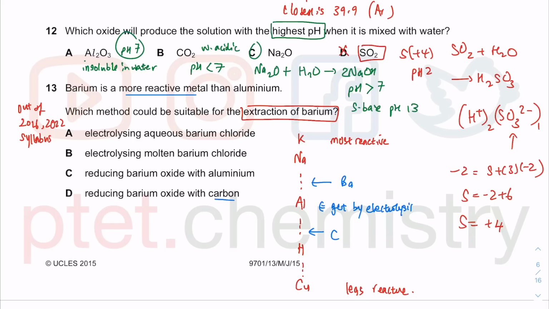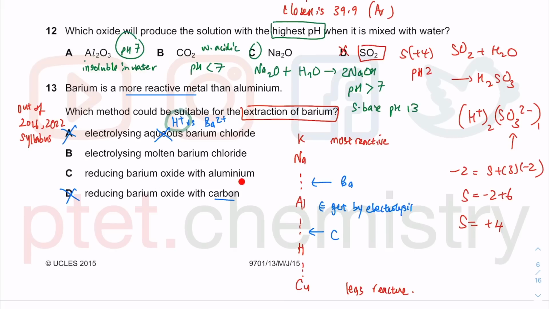So reducing with carbon will not work. How about electrolysis? Electrolysis could work because you could get electrolysis of aluminium oxide and get aluminium. You could get molten barium chloride and you could get the barium. Aqueous will not work because you have H plus versus Ba2 plus. The H plus will prefer reduction. At the cathode, you will get hydrogen gas instead, so A is definitely out.